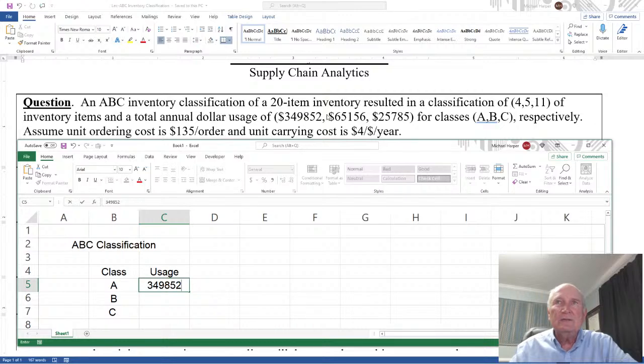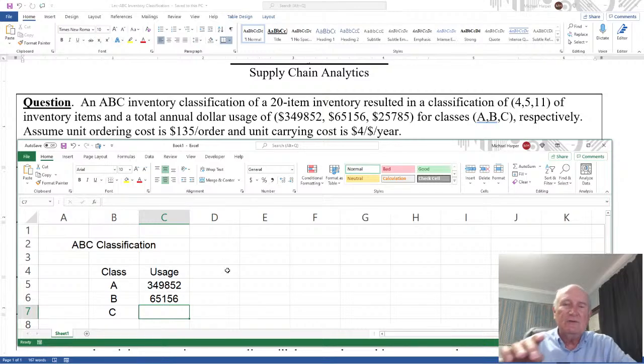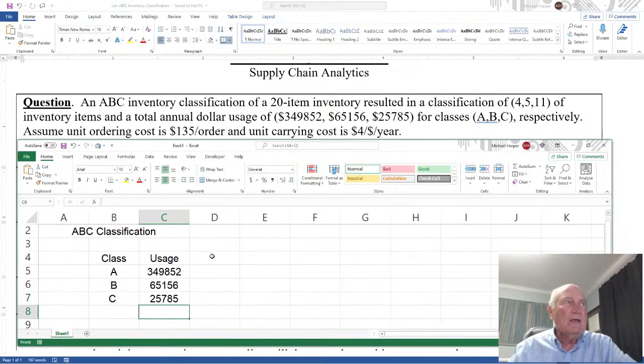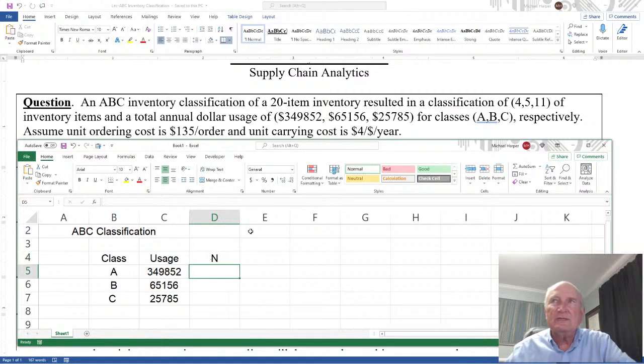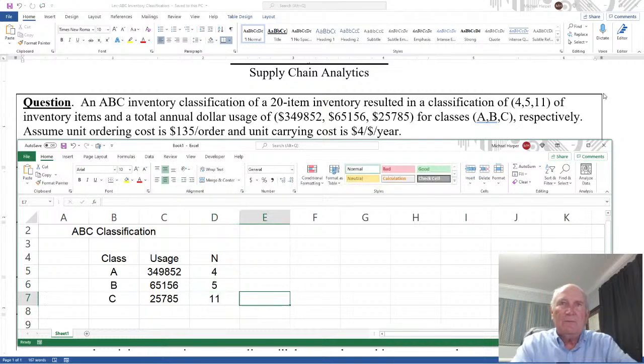That's this one. The second one for class B down here is 65,156. For class C is 25,785. Okay, and then the actual classification, the numbers in each class is 4, 5, 11. There we go.